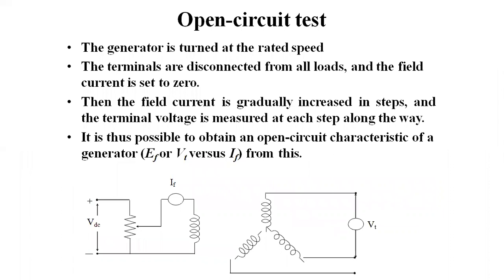Next one is the open circuit test. The generator is turned at the rated speed. The terminals are disconnected from all loads and the field current is set to 0. Then the field current is gradually increased in steps and the terminal voltage is measured at each step along the way. It is thus possible to obtain the open circuit characteristics of a generator.